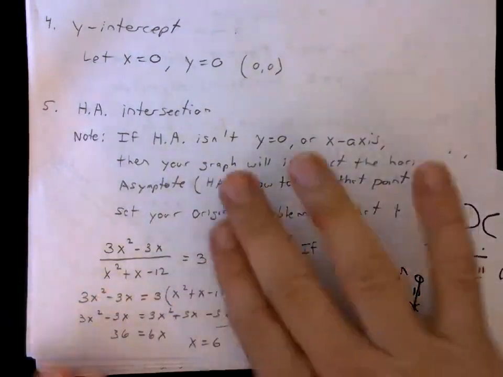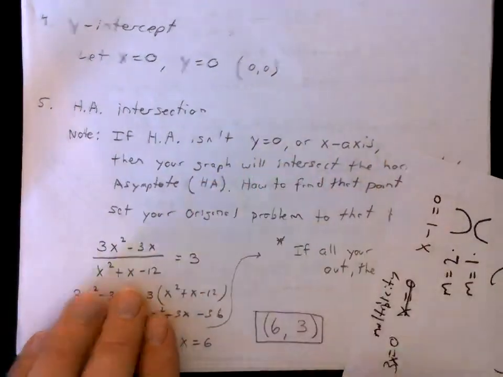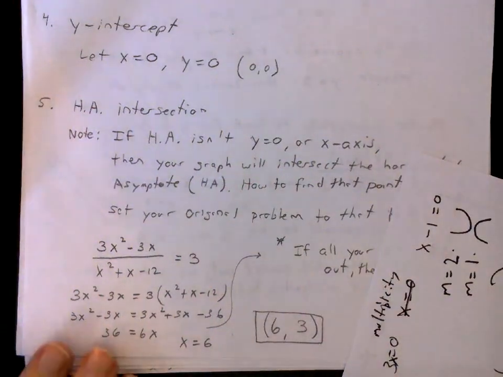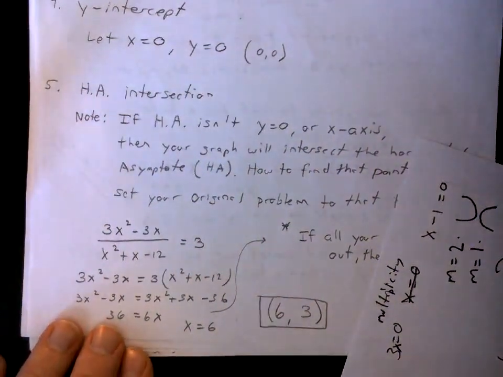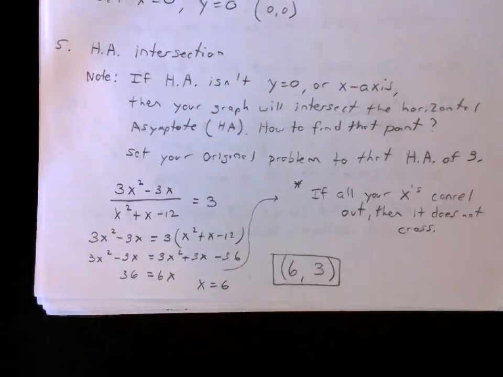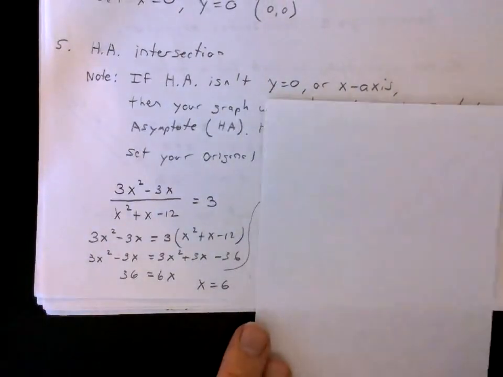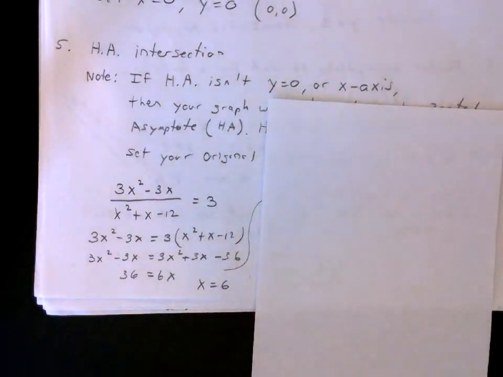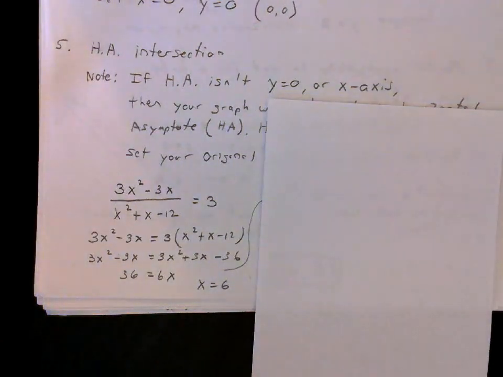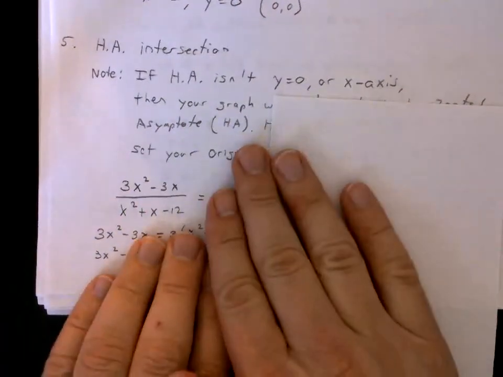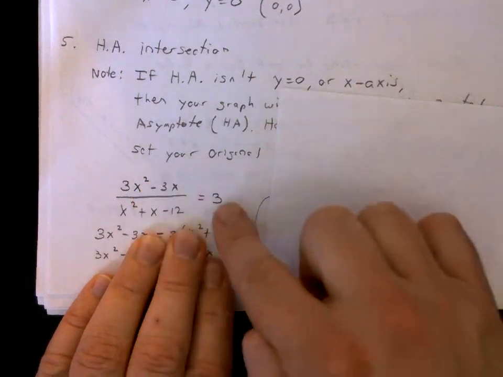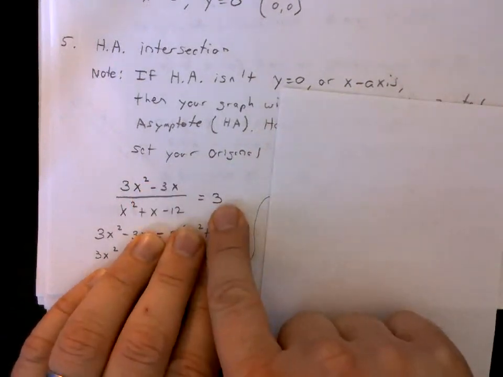You're going to go back to your regular function and put in 3. So you're going to set the function to what you got as your horizontal asymptote, 3.